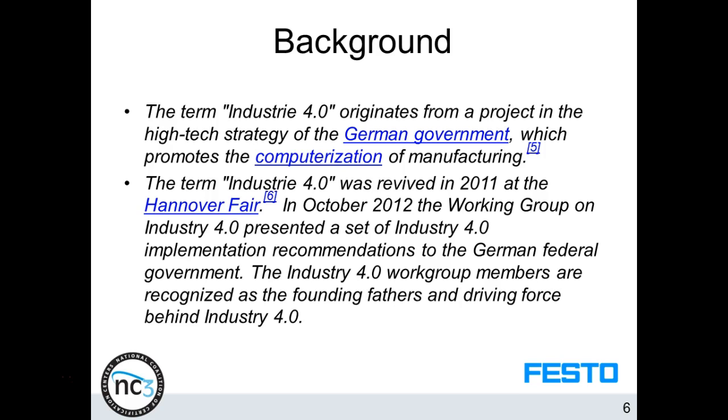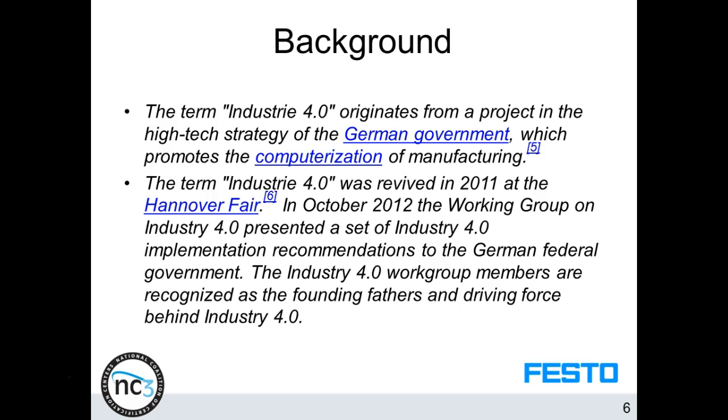It's basically an industrial type fair, but they have well over 2,000 companies represented. A few 100,000 people come through this thing. In October 2012, the work group on Industry 4.0 presented a set of Industry 4.0 implementation recommendations to the German federal government.